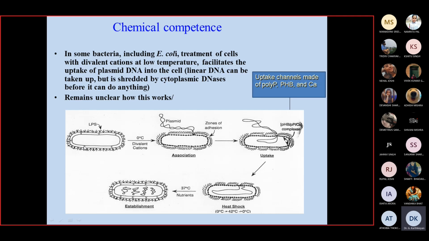For example, this picture shows that the surface of E. coli is full of what is called LPS, or lipopolysaccharides, right? So when we treat these bacterial cells that are growing logarithmically with calcium chloride and leave them at a very low temperature, typically up to 4 degrees centigrade, on ice, within the membrane you will have regions in which the plasmid can be taken up.